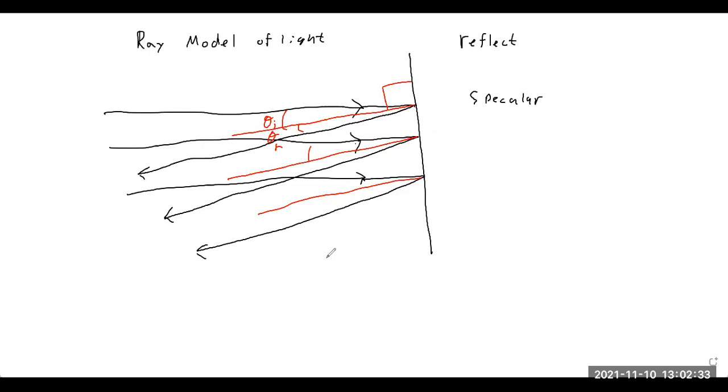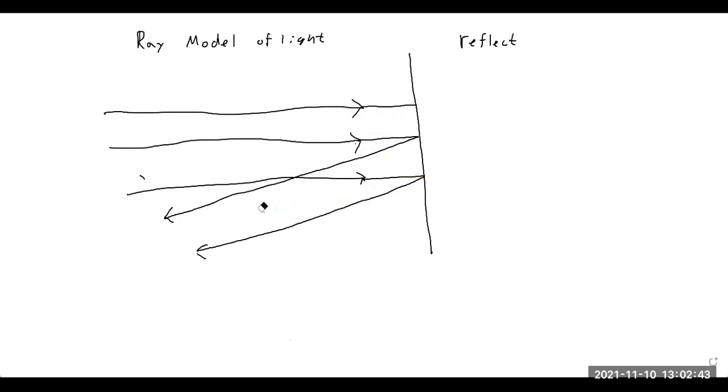And our alternative is diffuse reflection. So if instead of hitting a mirror, you hit a piece of Teflon or a white piece of fabric, light's still going to bounce off of it, but it's not shiny.